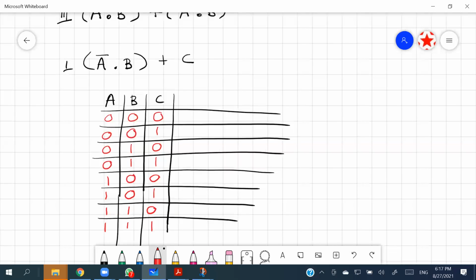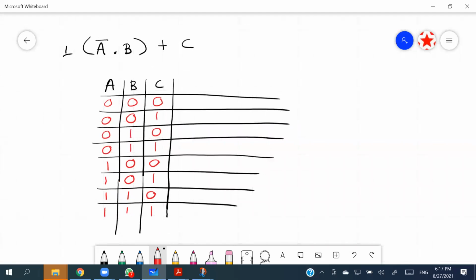So thereafter, first we have to give the priority for the brackets. So inside the brackets, we have a bar dot b. So two operators, which is the bar, which is not, and the dot, which indicates the and. So first we are going to figure out the not operator first, right? So I'm going to create a bar.